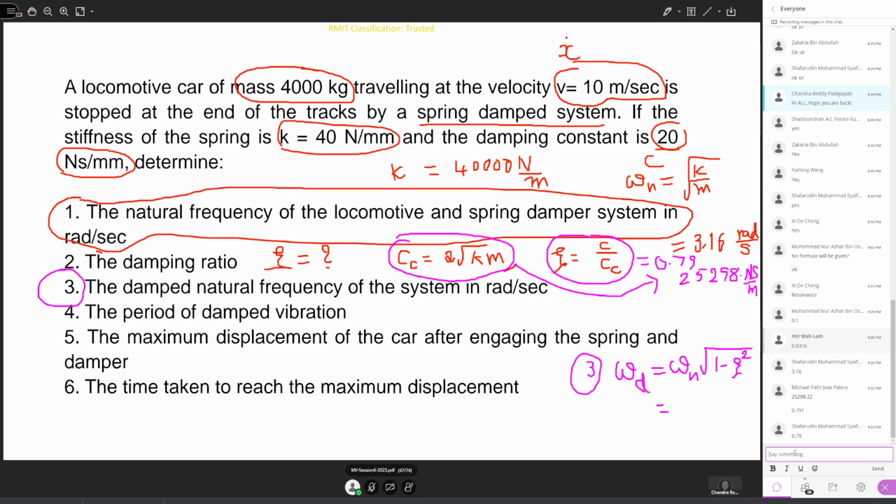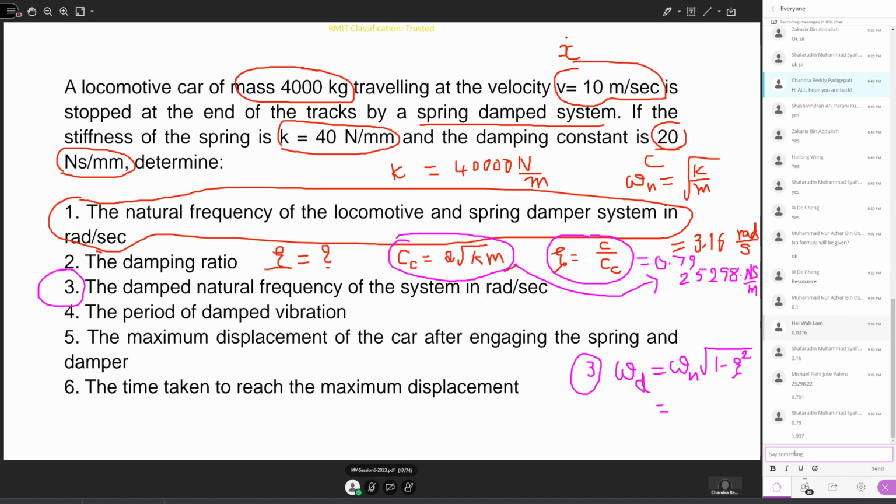So any answer for this? 1.937 is correct, Shafruddin, radians per second.